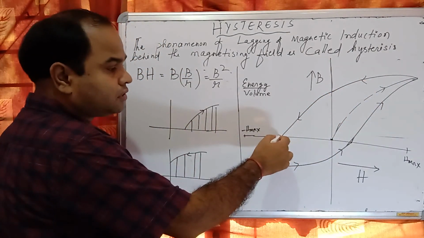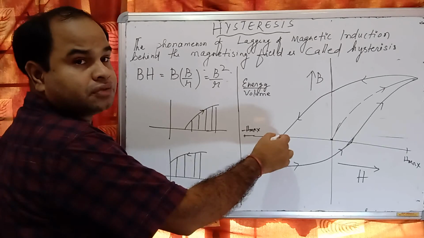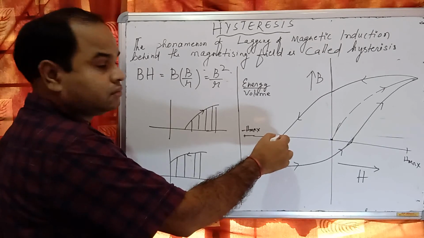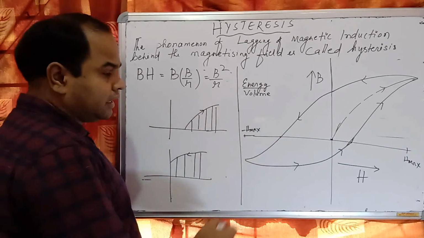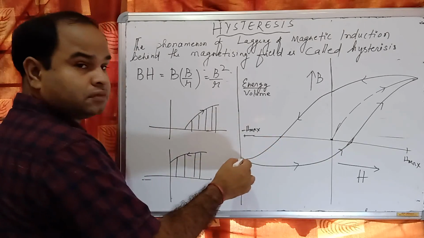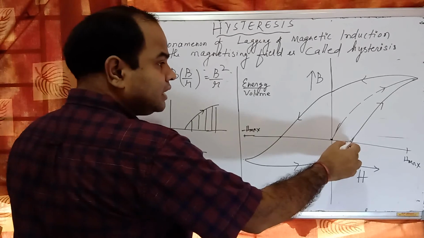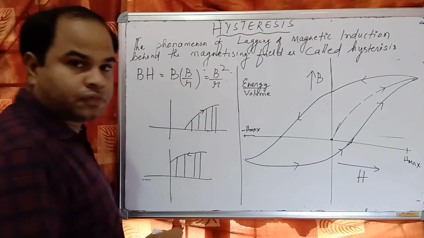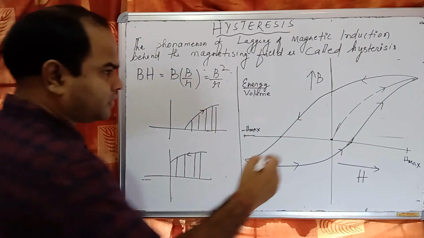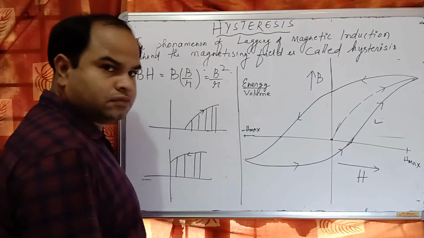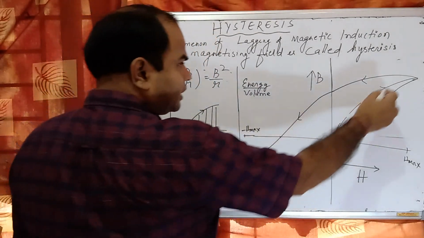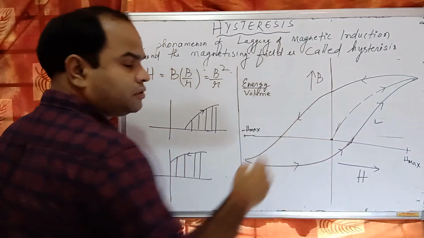At this point, the magnetized substance is demagnetized because B is equal to 0 here. Again it is magnetized, then it is demagnetized. So let us say in the first quadrant it is magnetized, second this is demagnetized.